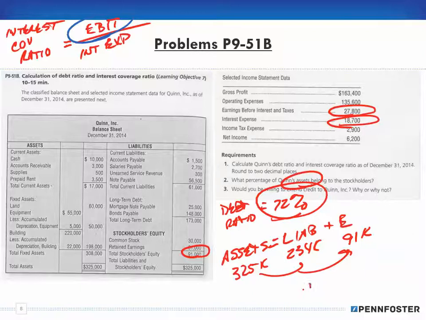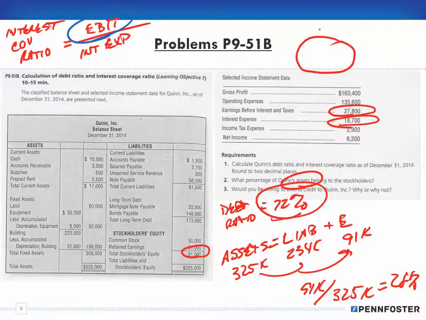So I can take that 91,000 because that's the remaining amount of the assets that goes to the stockholders, and divide that by the 325,000 and get 28%. Okay, so that's one way of doing it. Remember, this is 100%.